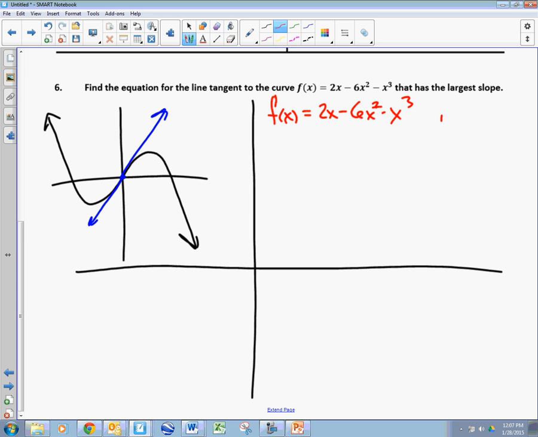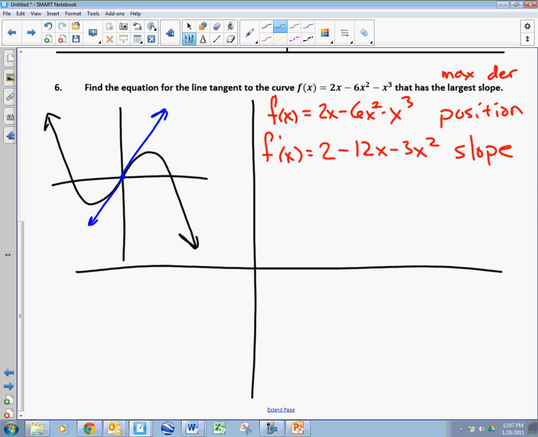And that is our position function. That tells us where we're at a given time. However, f prime of x, what is f prime? That is our slope function. And it's saying largest slope. So largest, we want to maximize, and slope is the derivative.